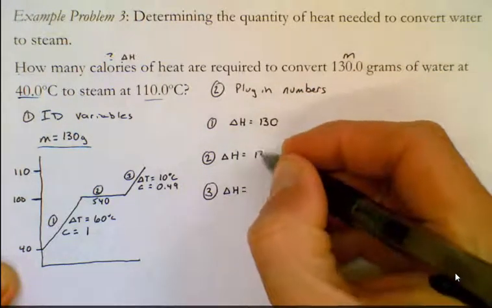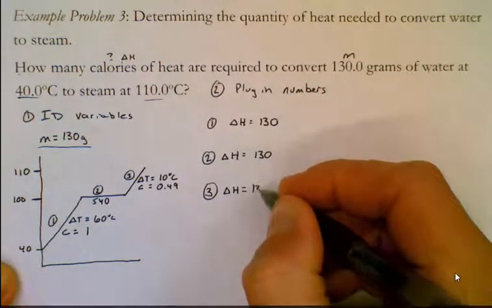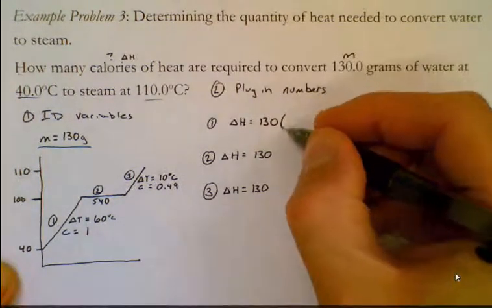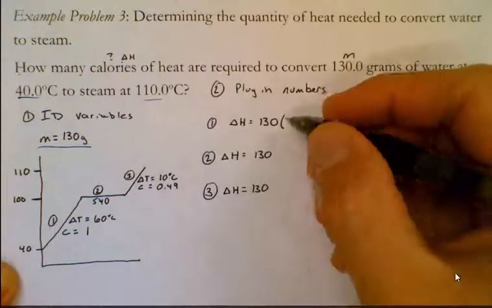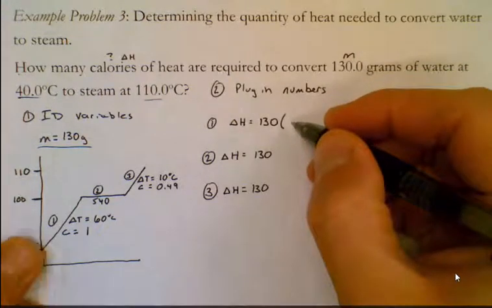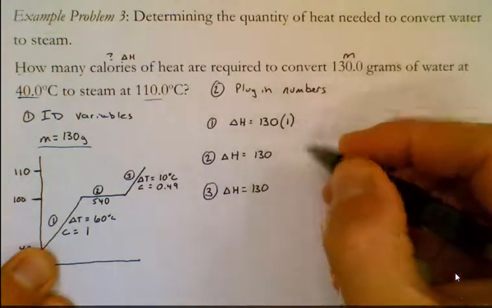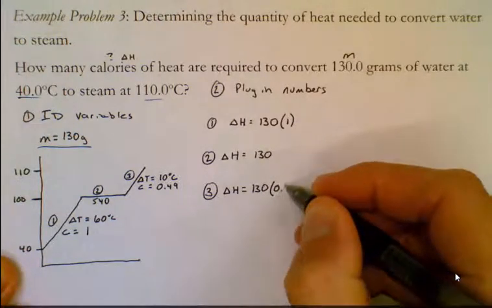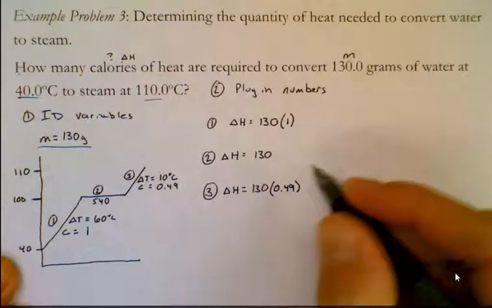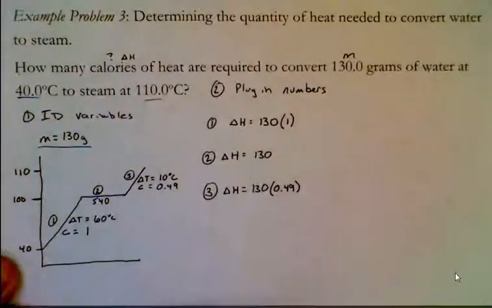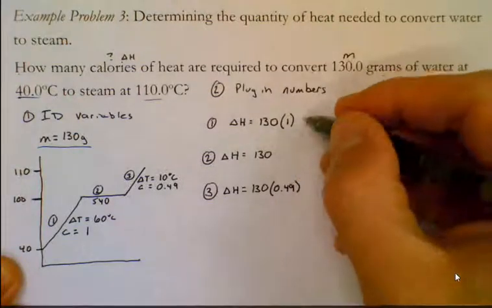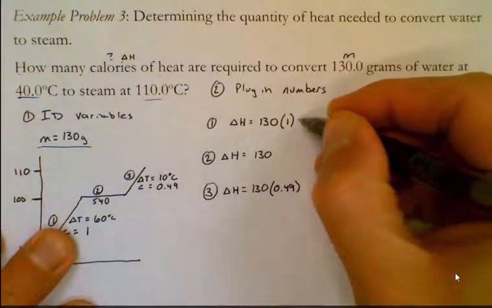And we know that because heat is an extensive property. Extensive properties are based on the size of the sample. For 1 and 3, we have to multiply by c, which is our specific heat capacity. For phase 1, the value is 1. For phase 3 of our graph, it is 0.49. And I wrote those down to help myself stay organized. Finally, for 1 and 3, there's a change in temperature, which means we have to use the delta T value that we already figured out.